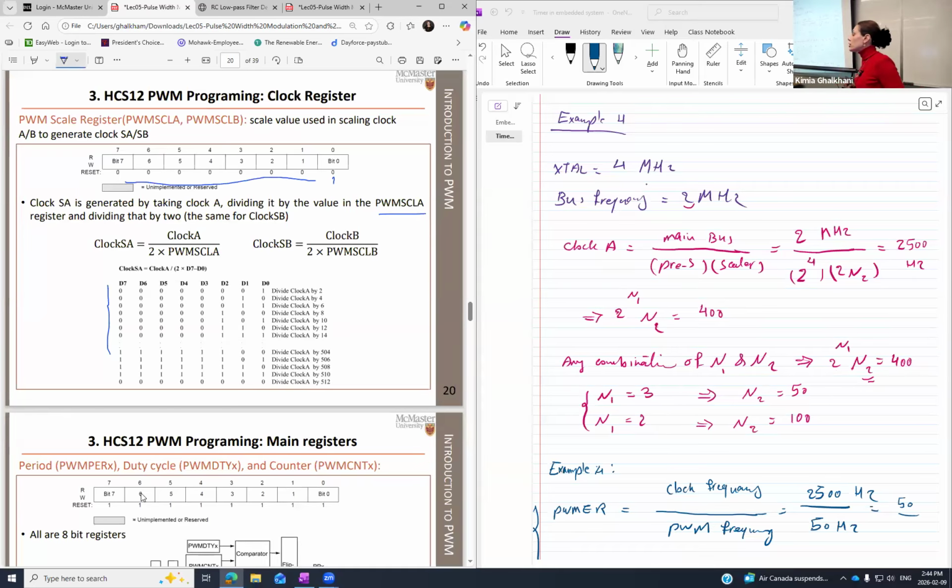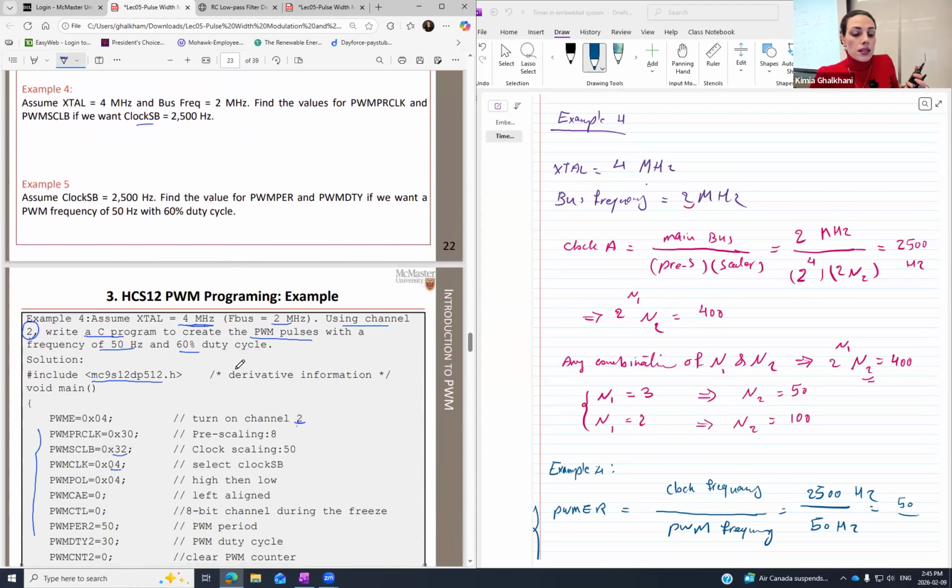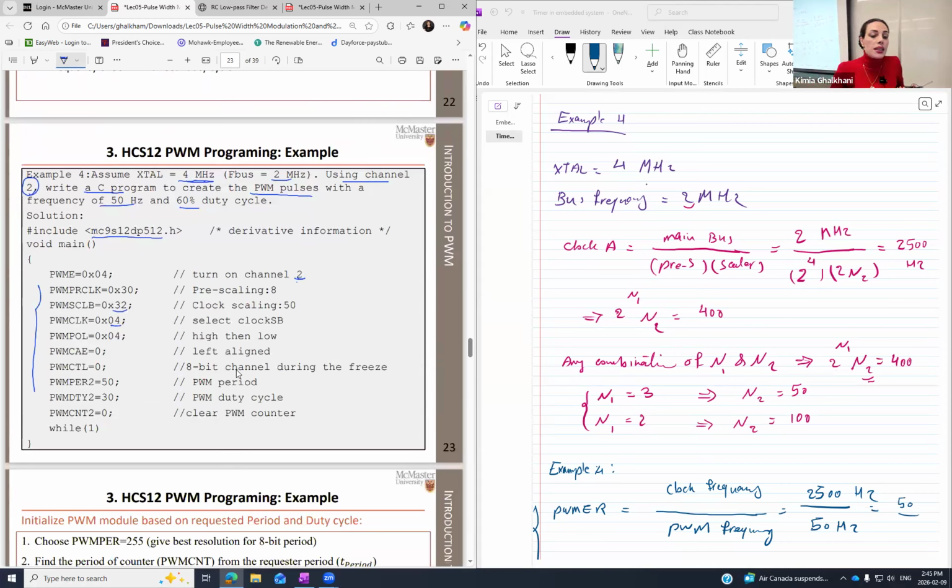Then I have to convert it to hex equivalent and include it in the code. If I'm asking for by 4, then I have to leave this as 0, turn this 1, 1, and so on. So all of those hex equivalents that you are going to see right in here inside the code, I'm getting them from that register file information.